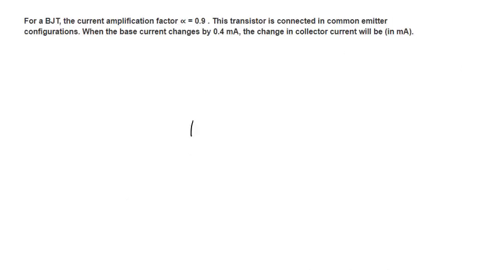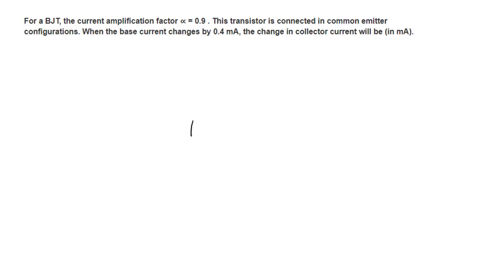In this question, for a BJT, the current amplification factor alpha is equal to 0.9. The transistor is connected in common emitter configuration. When the base current is changed by 0.4 milliampere, the change in the collector current will be dash in milliampere. Alpha is given as 0.9, and the change in base current, delta IB, is 0.4 milliampere.